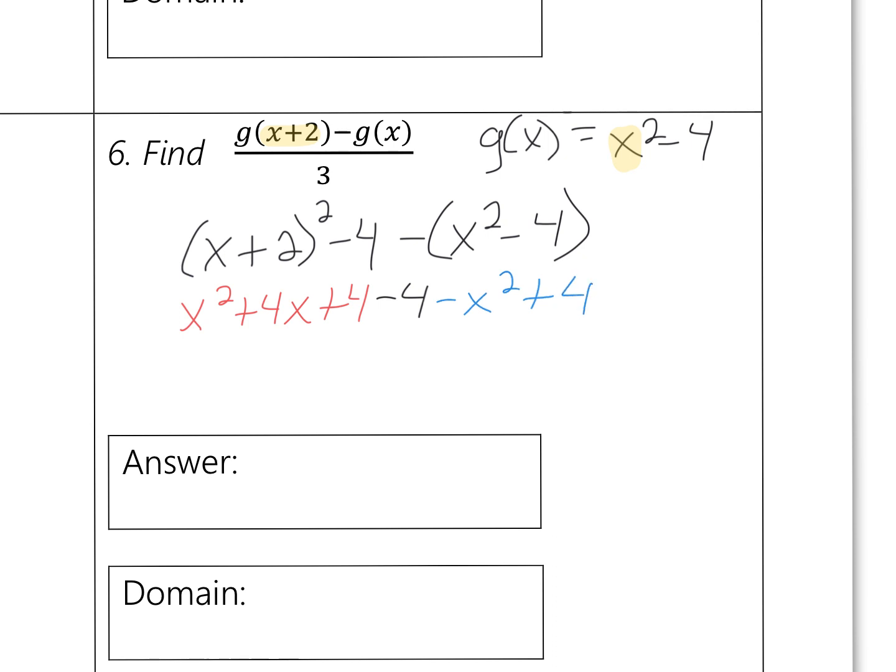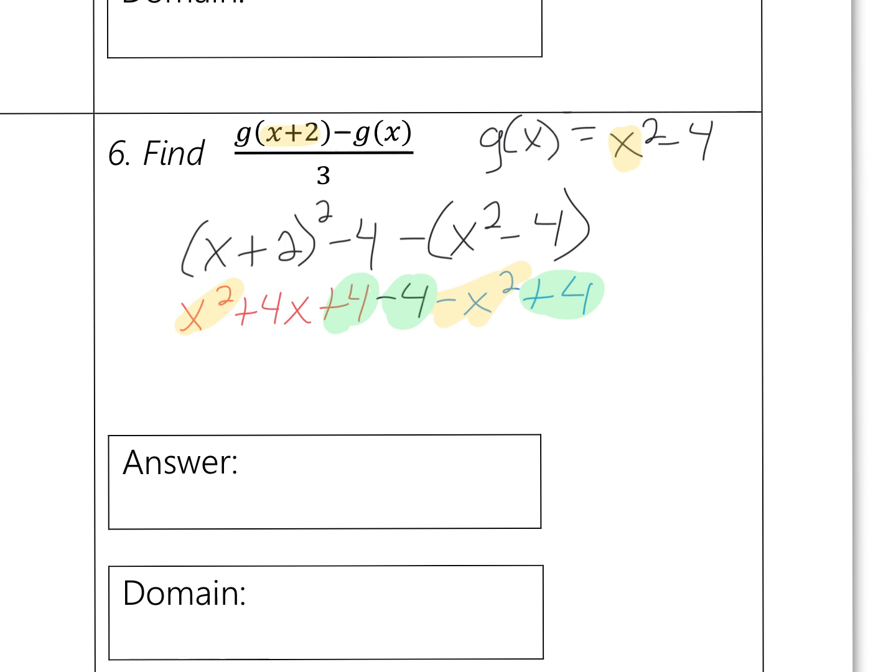Okay? So now we'll start looking for some like terms. We do have the x squared and minus x squared. All right, and then we have a plus 4 and a minus 4 and another plus 4, okay?